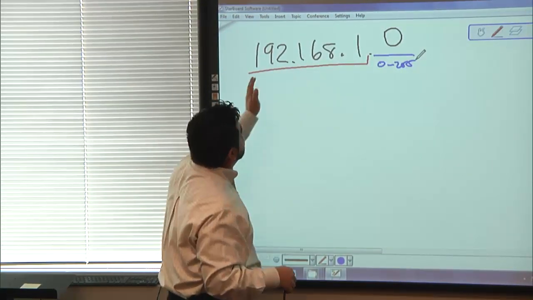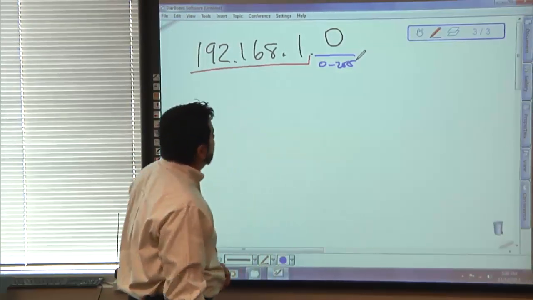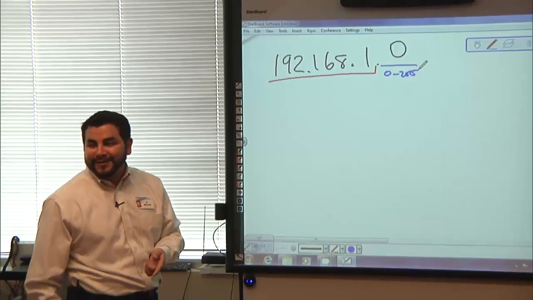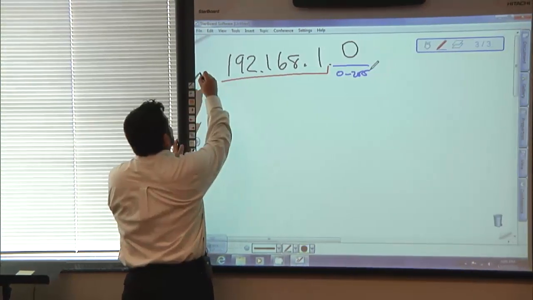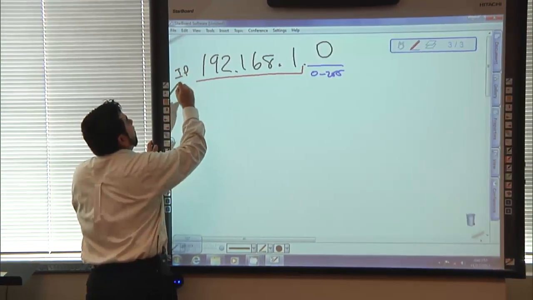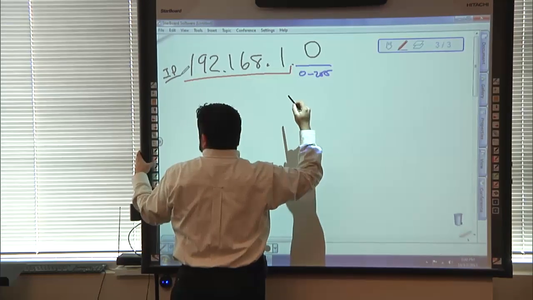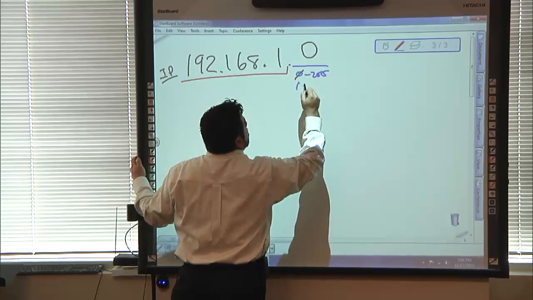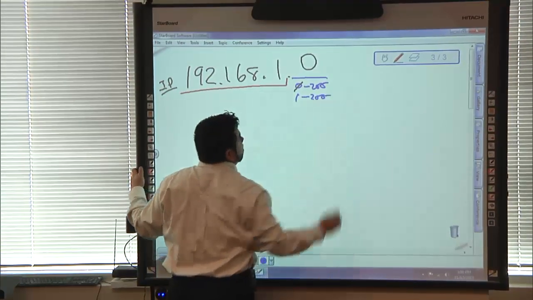Because the host portion can be 0 through 255, and the first one is 0, we can't use the 0 anymore, because this is now known as our ID. This is our identification. So now we become 1 through 255.